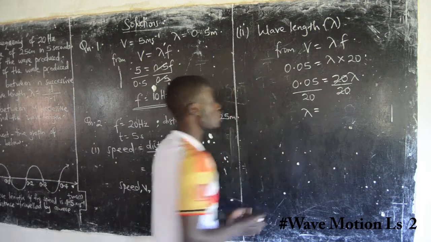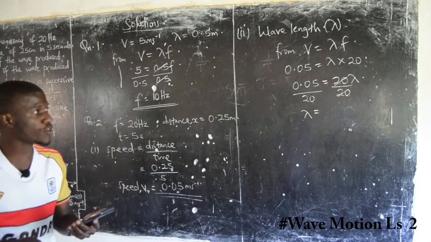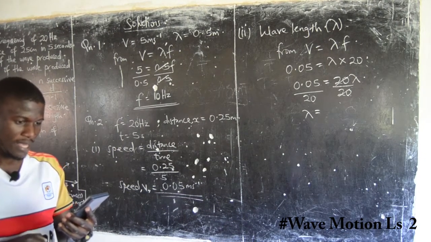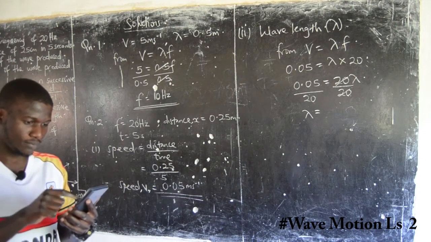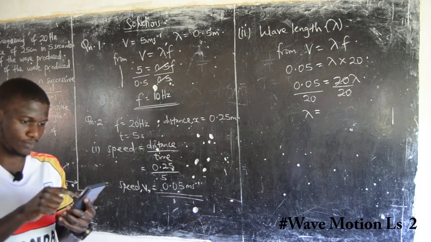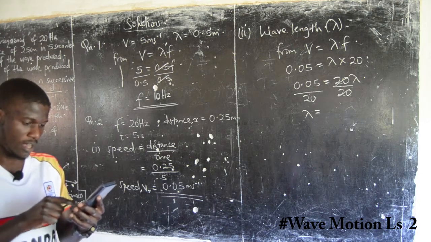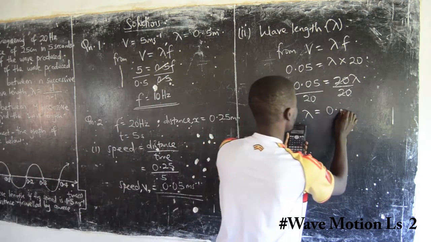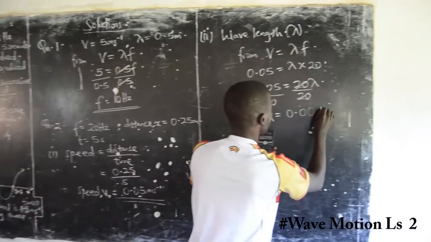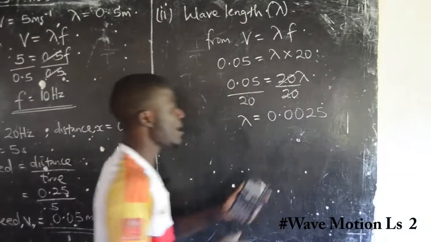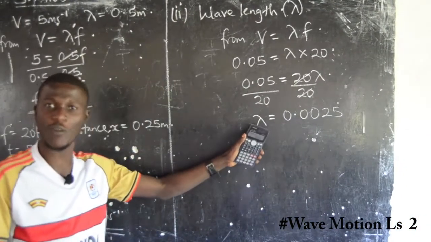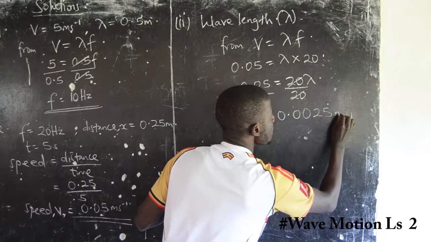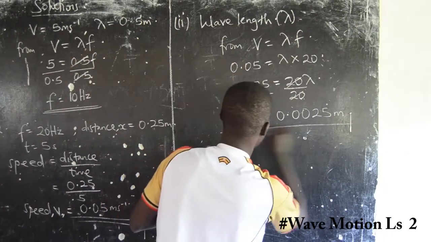Therefore lambda is equal to 0.05 divided by 20, and the answer becomes 0.0025. But what is the SI unit of wavelength? Wavelength is a distance, so it should be in meters.